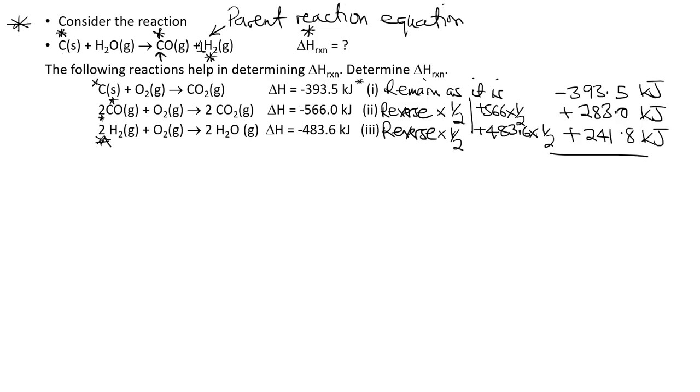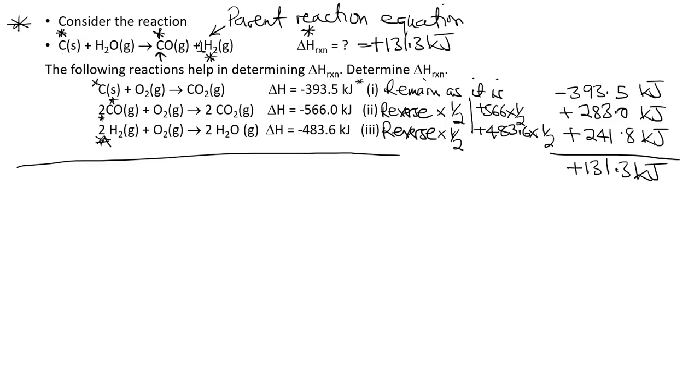So once I do that, I will add these to give me my delta H of reaction, which will be plus 131.3 kilojoules. So here is equal to plus 131.3 kilojoules.